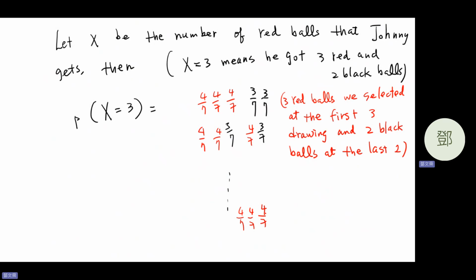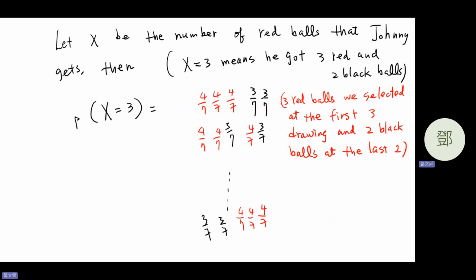The 3 red balls appear at the last 3 drawings. All the same. The probabilities are the same.